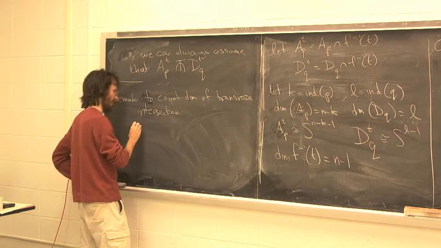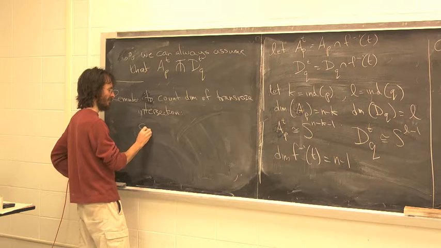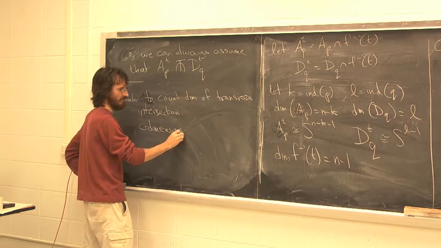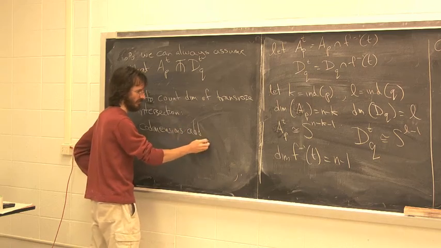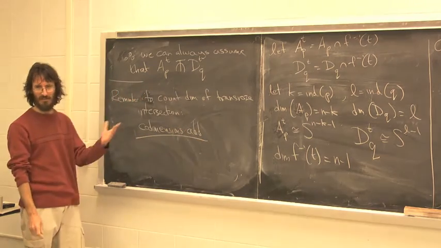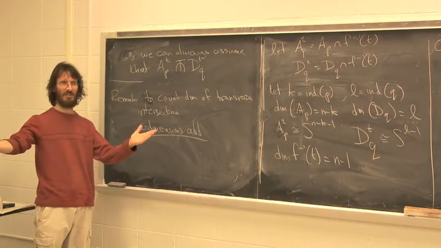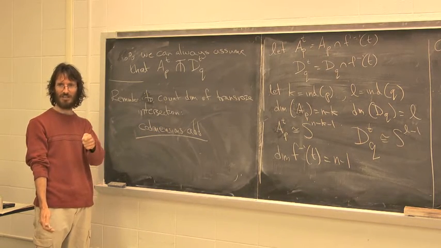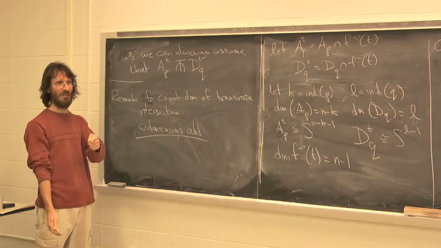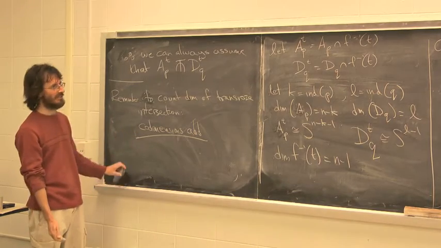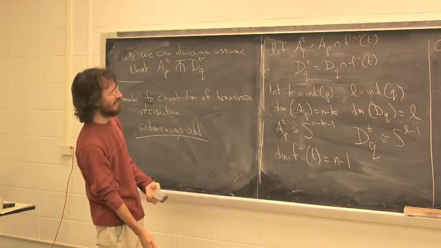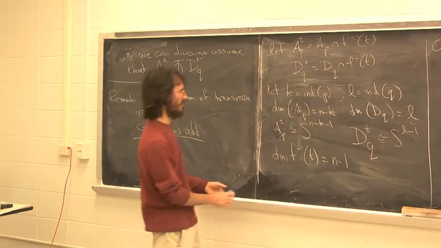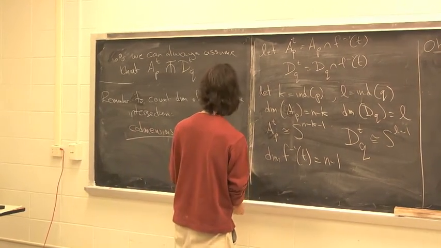The mnemonic for me is codimensions add. So if M has codimension this, N has codimension that, and they intersect transversely, then the codimension of the intersection is equal to the sum of those two. So let's apply that to this case. Well, let's do it here.